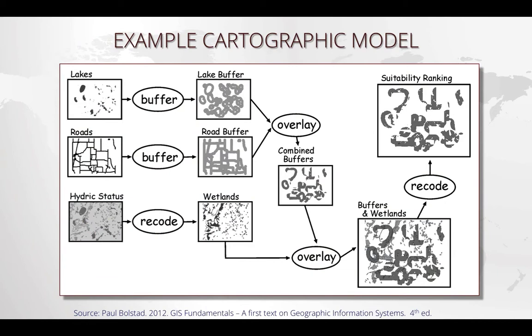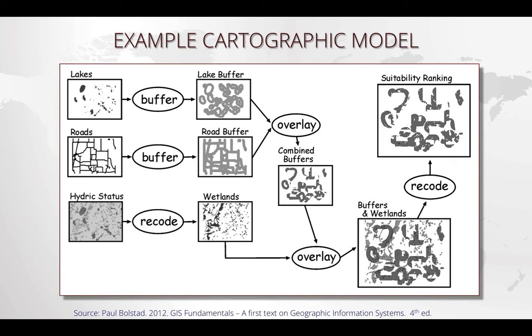And here's just an example of a cartographic model, and you've probably seen a number as you've gone through this course. I like this one because it reminds me of some of my friends from my college days who live in some of these areas where these maps are from. But this is an example from the northern suburbs of the Twin Cities, and they're looking at where you might want to find places that would be suitable for something.